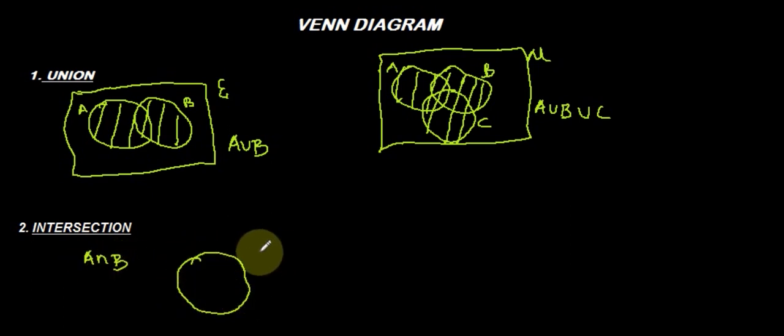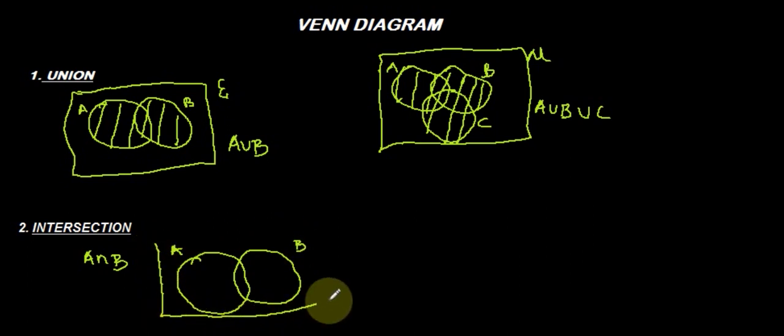Let's say this is our set A, this is our set B, all enclosed in the universal set. The intersection is what they have in common, which is this particular area. This area is the intersection of these two sets.